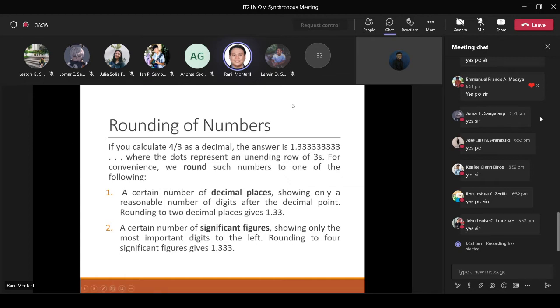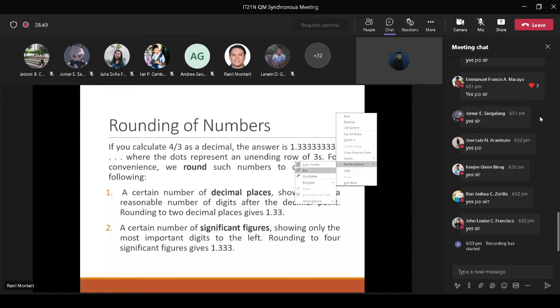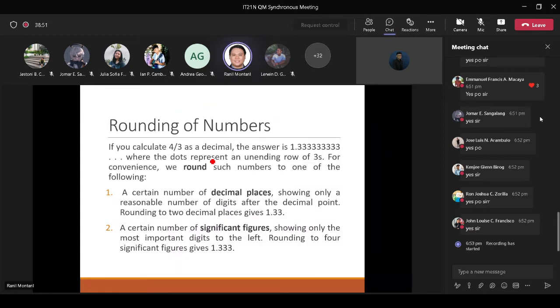We're going to differentiate that. Okay, I'll just use the pointer for now. So for example, we have this 4 over 3. Now this is a fractional value, a common fraction.